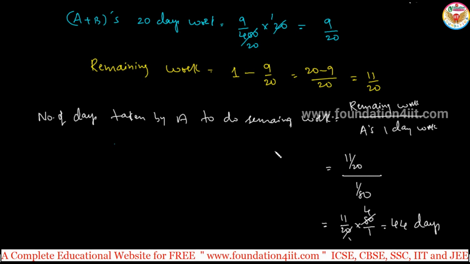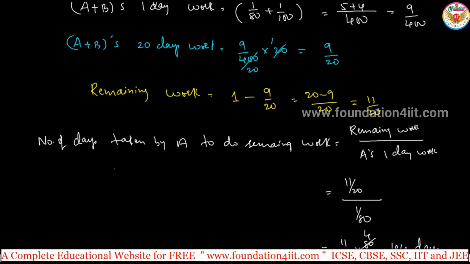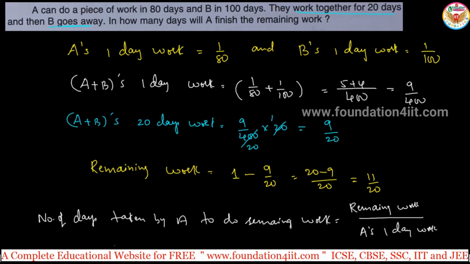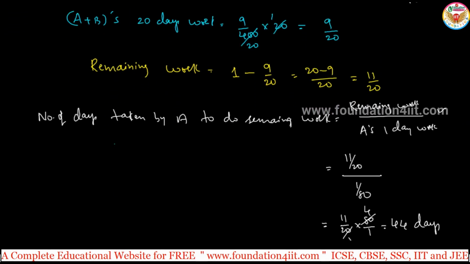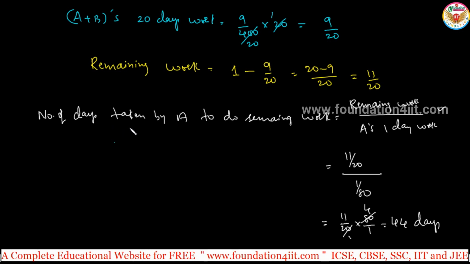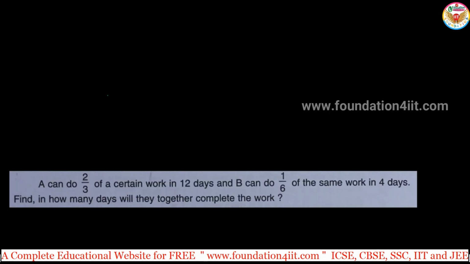In case B leaves after 20 days, A is supposed to do 44 more days to do the remaining work. Okay, so these are the statements you remember to simplify. In any question, if you are asked to find how many days a particular person needs for the balance work, divide by that person's 1 day's capacity. You can find the days, right?